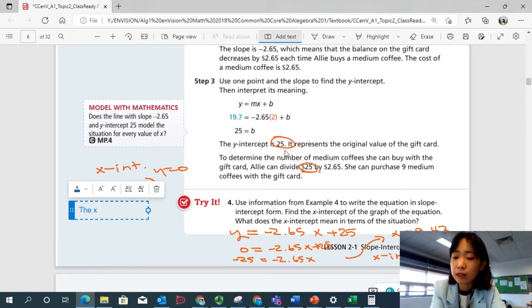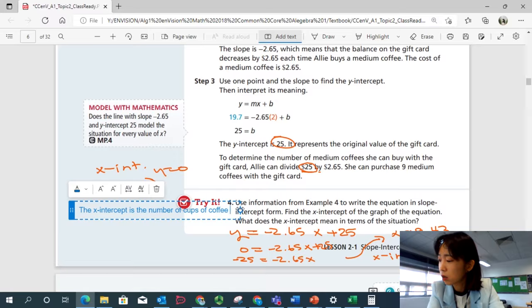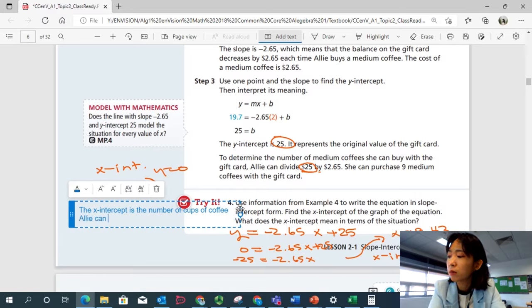So let's write that down. The x-intercept is the number of cups of coffee Allie can buy with the gift card. Since she cannot buy a fractional cup of coffee, how many can she buy?